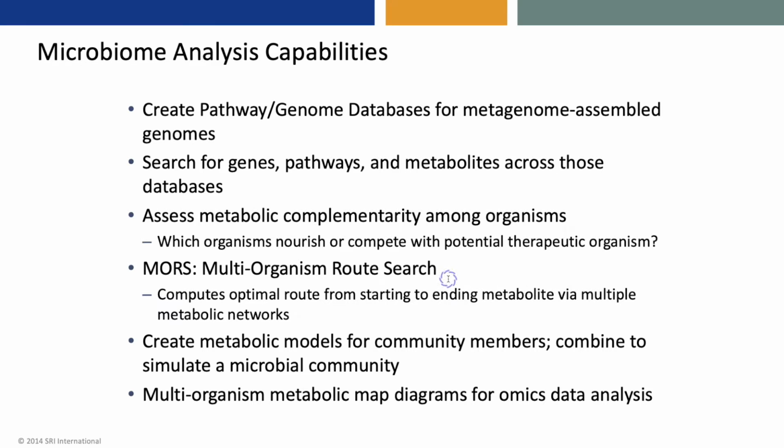The tool can also create metabolic models for multiple organisms in a community and combine them to simulate that community. And we can create multi-organism metabolic map diagrams for omics data analysis, as I showed you in the previous slide.